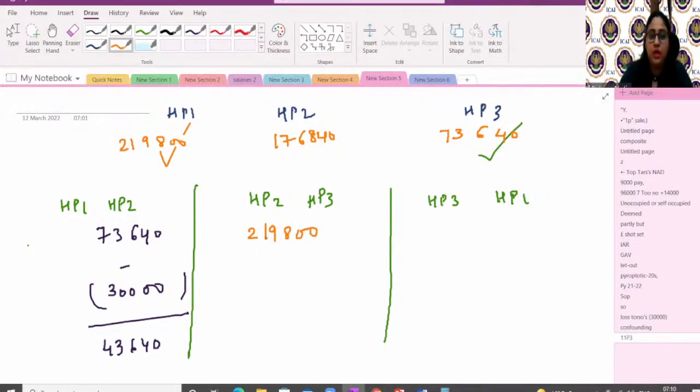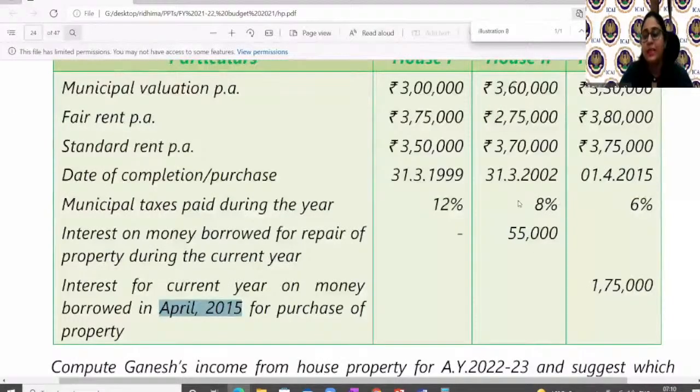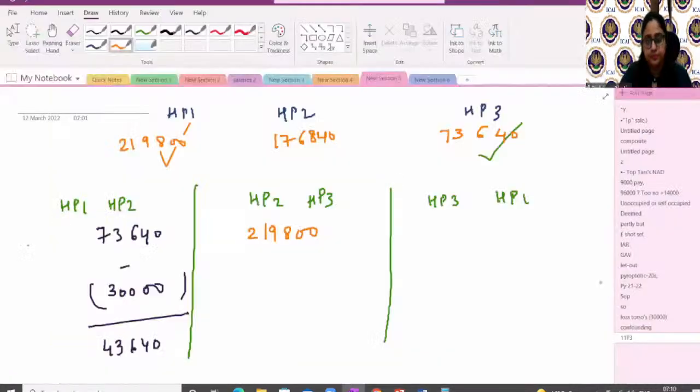Now we have to take house property 2 and house property 3 as self-occupied. House property 2 again, what would be the maximum deduction? 30,000. And in this case, what would be the maximum deduction? 1,75,000 because it's a purchase loan. So 30,000 and 1,75,000.